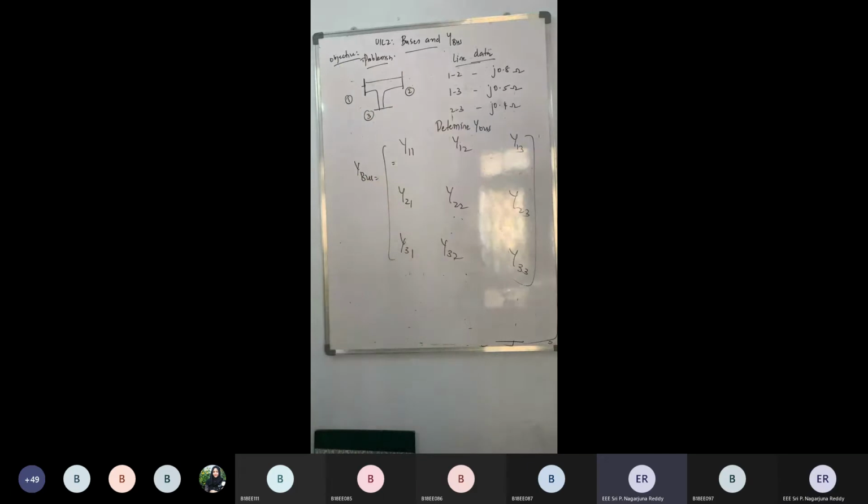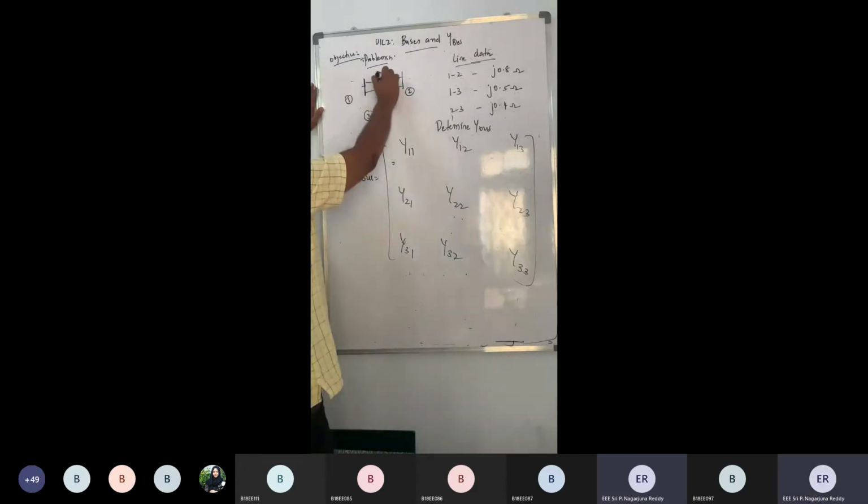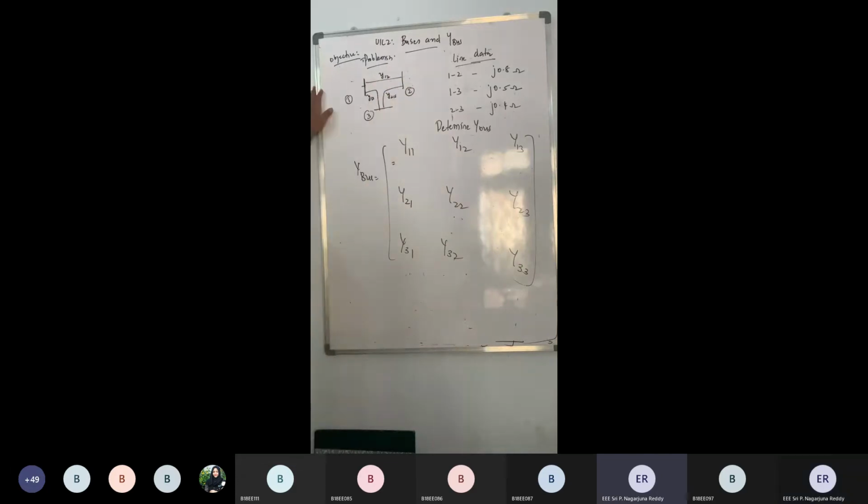Now see, at bus number 1, how many elements are connected? This is small y12, this is small y23, this is small y13. At bus number 1, y12 and y13. So the summation of these two elements will give me this value. Can somebody say what is the value of the summation of y12 and y13?